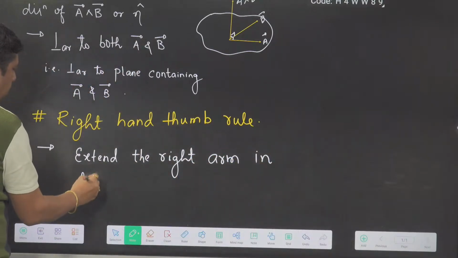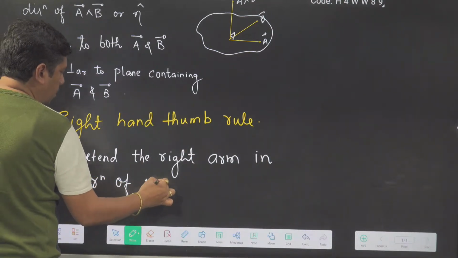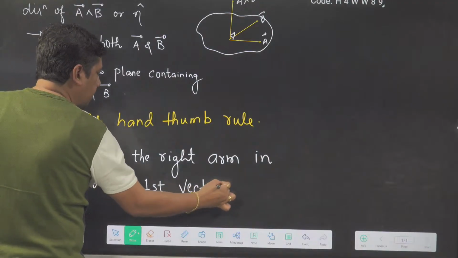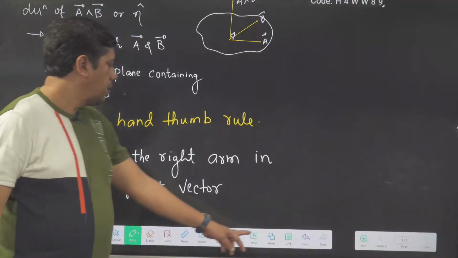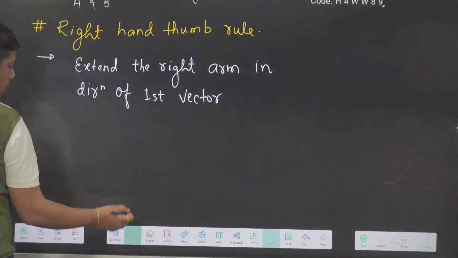Extend the right arm in the direction of first vector.